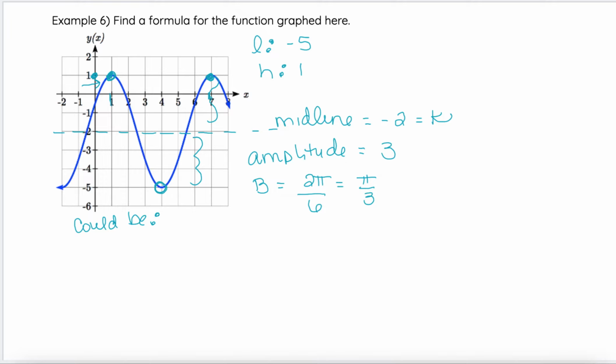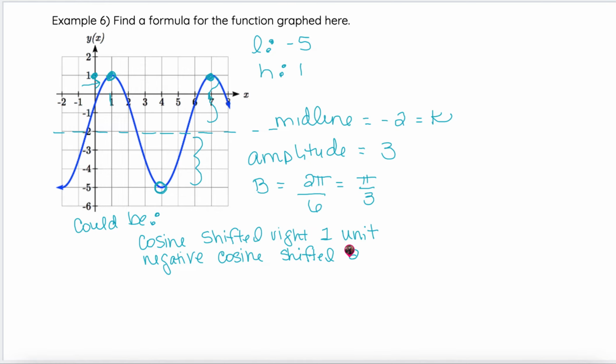It could be cosine shifted right 1 unit. It could be negative cosine shifted 2 units left.